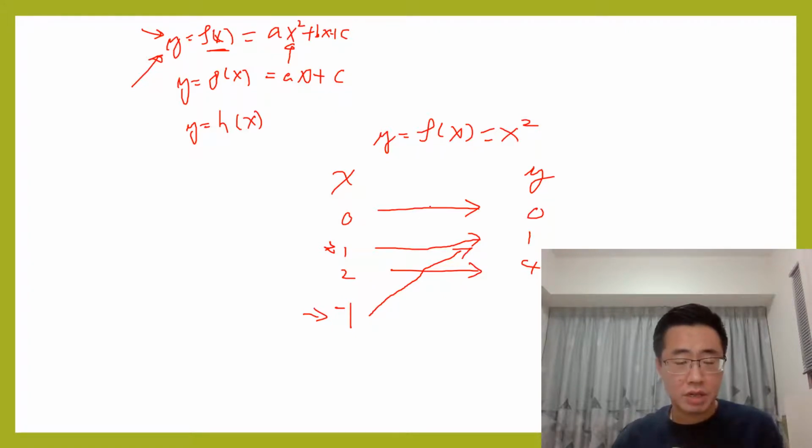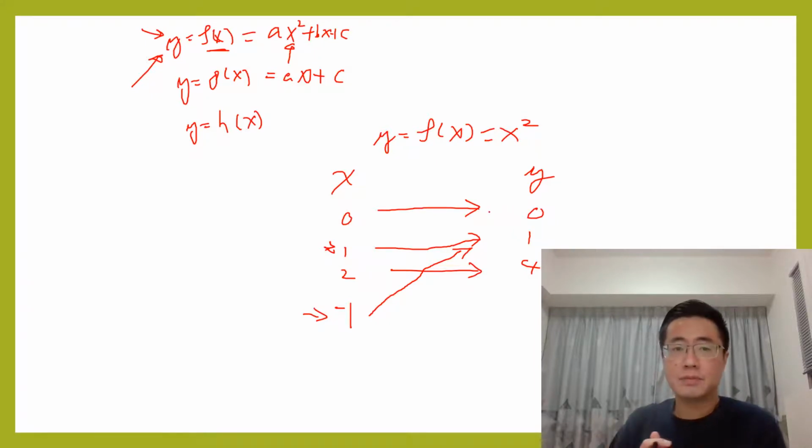However, not the other way around. A single value for x cannot go in two different directions, like it cannot go to 0 and 1 or 4. Only to one output on the right-hand side, which is the y variable. So this is the key feature of functions.